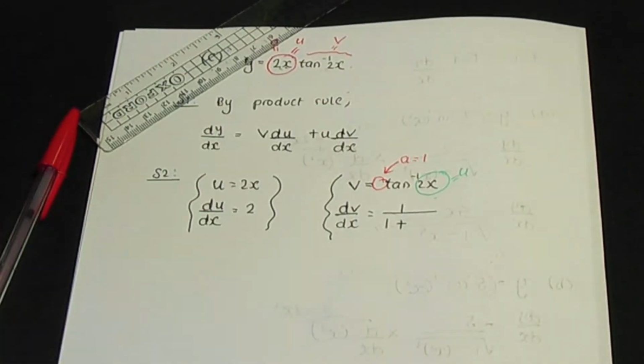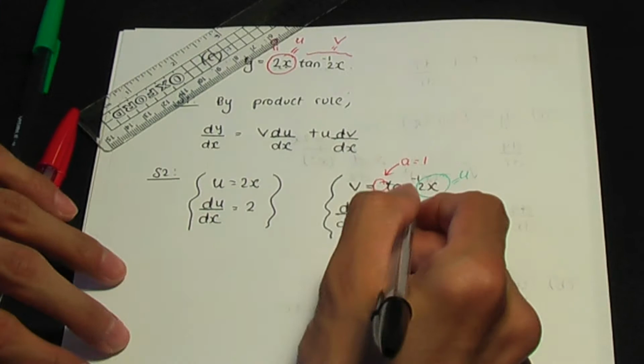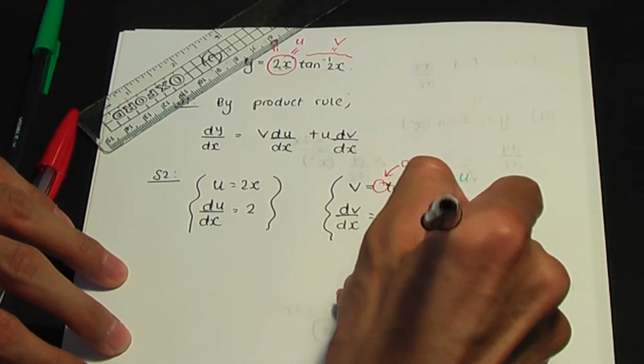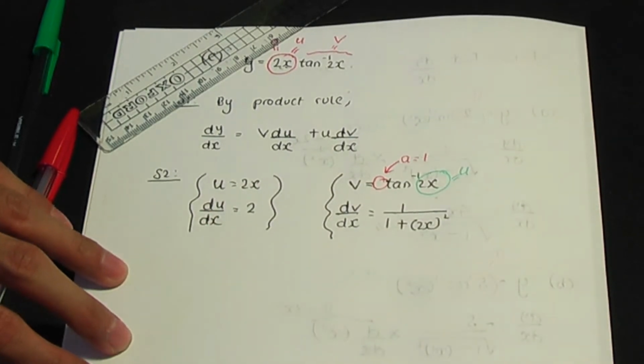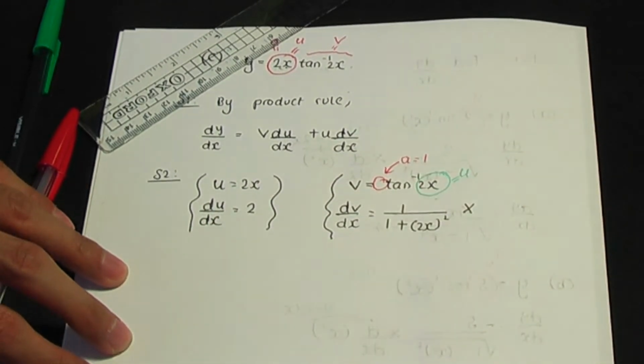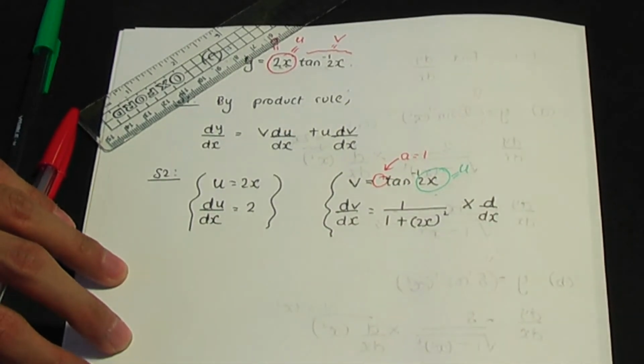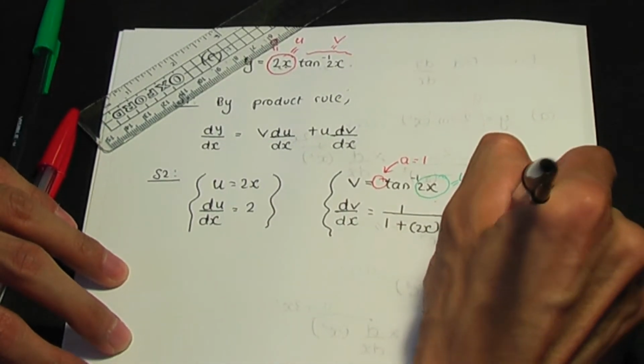So u is 2x, so it's 2x squared. But don't forget, you need to multiply by d by dx of u of x, and u of x is 2x.